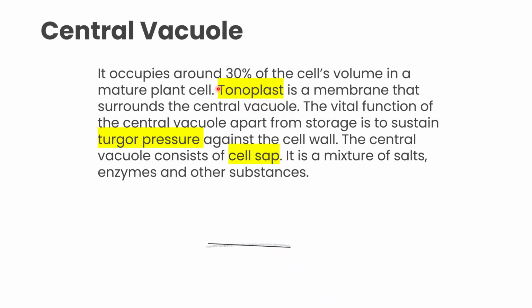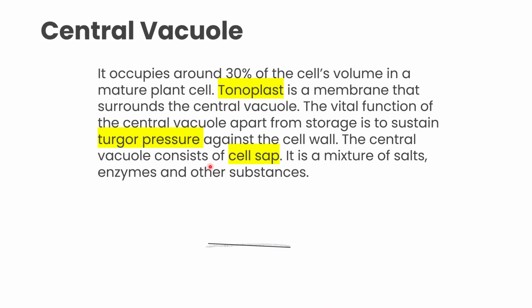Now the central vacuole is filled with fluid which is known as cell sap. The cell sap contains a mixture of salts, enzymes and other substances. Now the major function of this central vacuole is to exert or maintain turgor pressure. This helps the plant cell to sustain the inward pressure exerted by the cell wall.